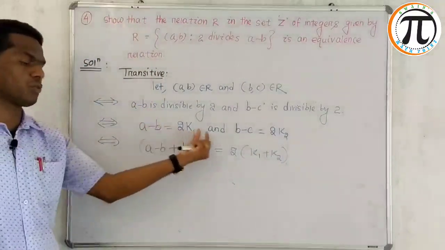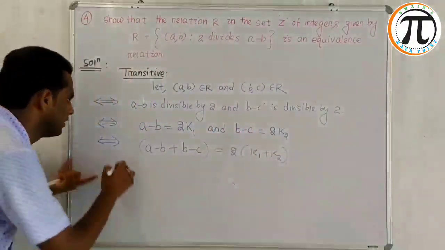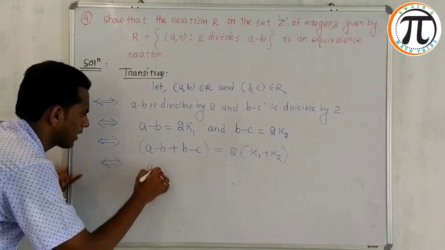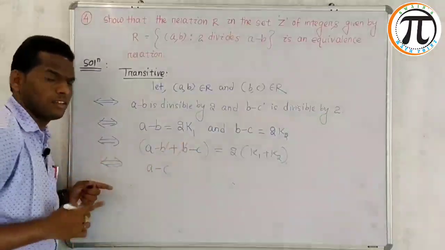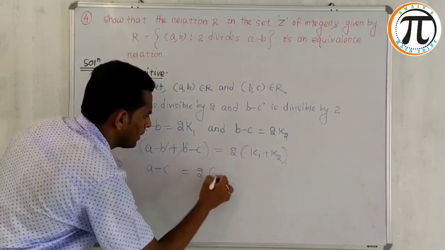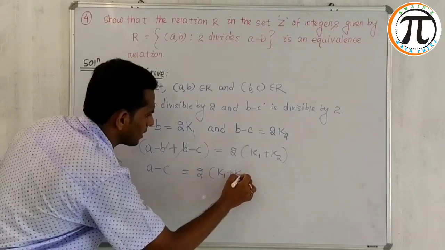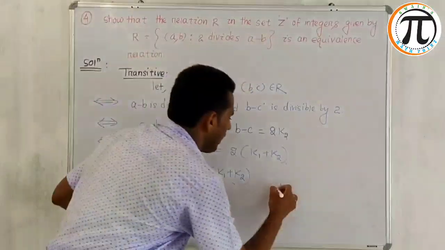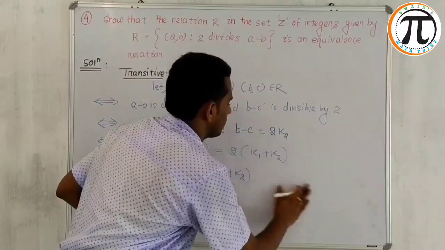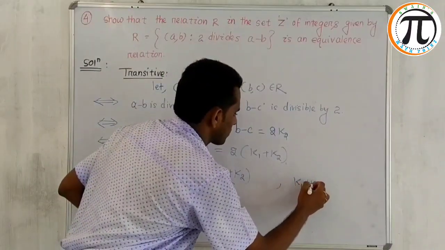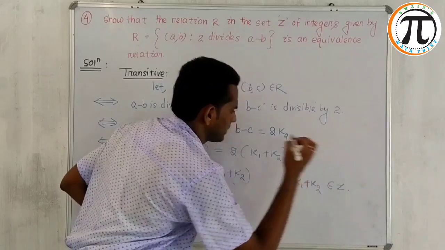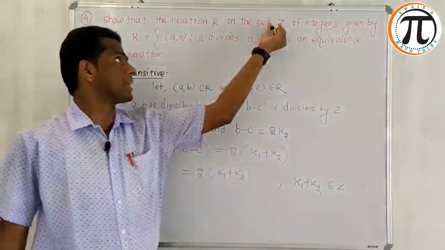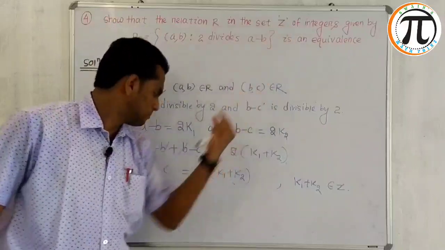When you add these two equations, what you will get? देखो B B cancel हो रहा है, you are getting A minus C is equal to 2 into k1 plus k2. एक बात बताओ, k1 k2 क्या है ना, belongs to Z, where k1 plus k2 belongs to Z. This is what coming, set belongs to Z.